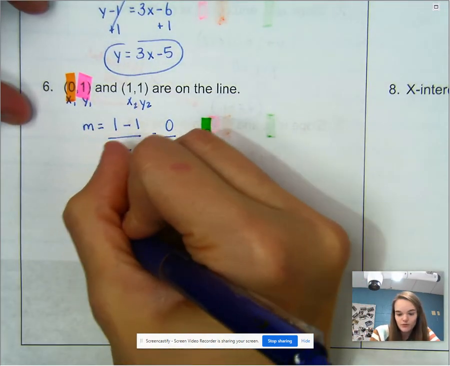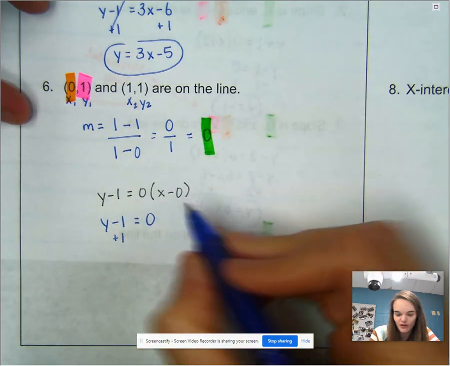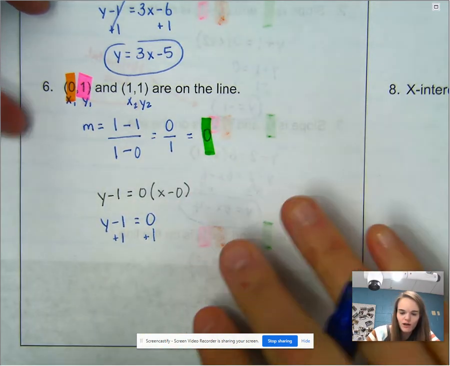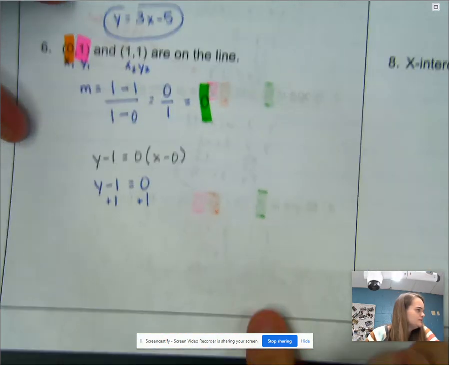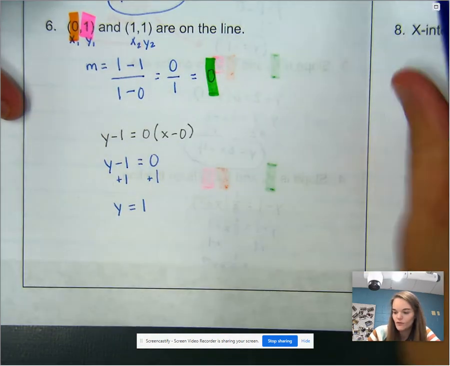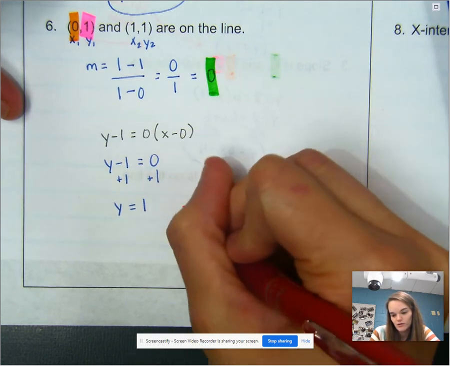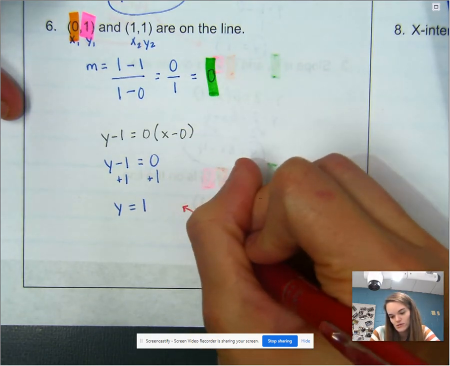Y minus 0 equals 0. This is one of those special ones because 0 times anything is 0. Y equals 1. So remember, this is one of those horizontal line things. If you ever get x equals a number, it's a vertical line instead.